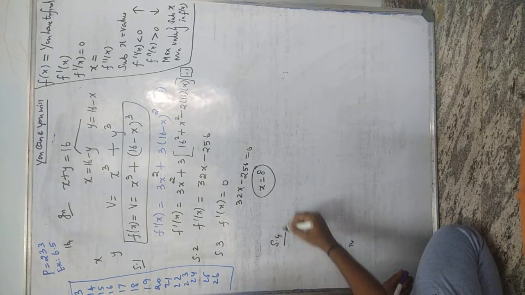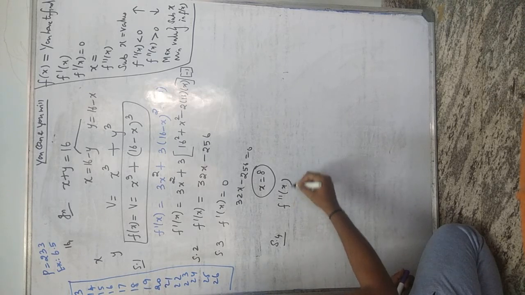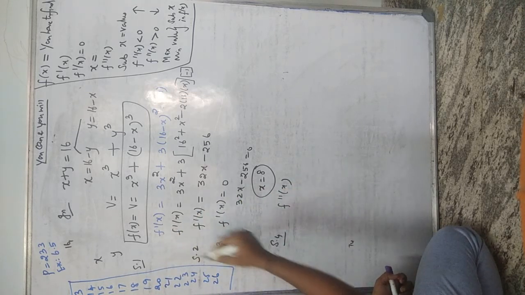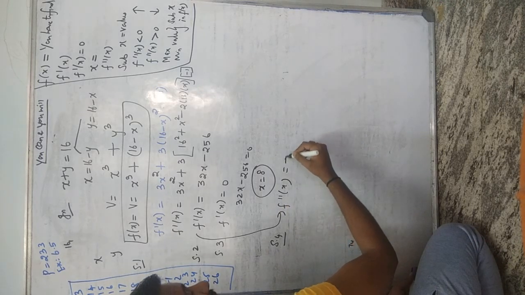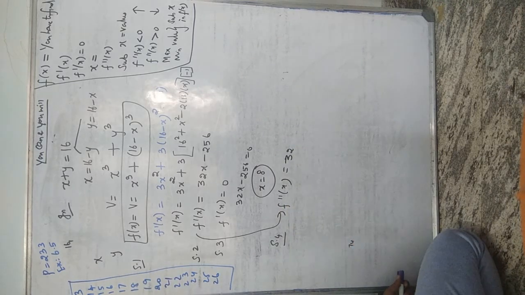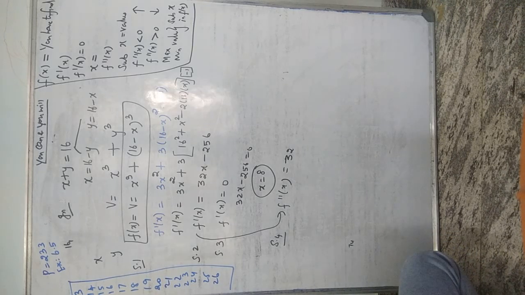Now step number 4, differentiate a second time, f double dash. Where is f dash of x? This is your final f dash of x. If you differentiate, you'll get directly 32. So I think if I have made a mistake somewhere, please find it out.